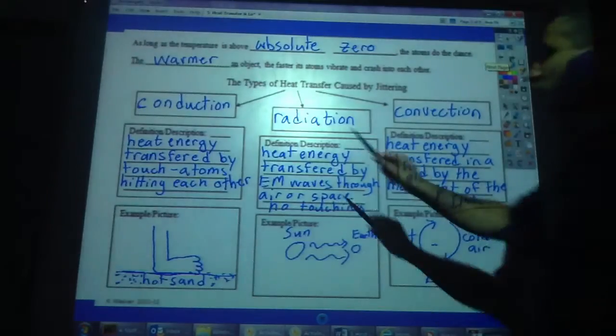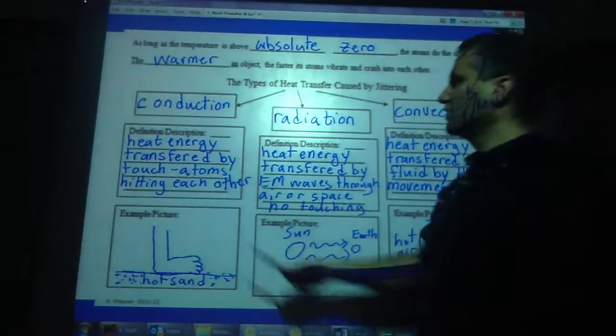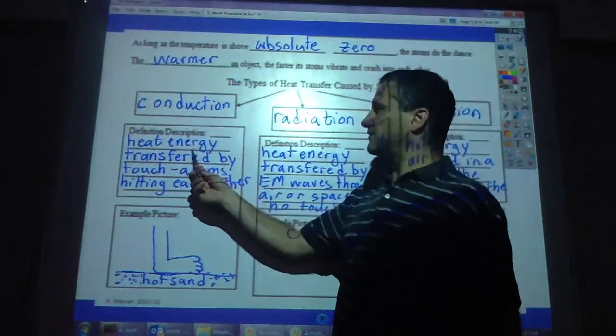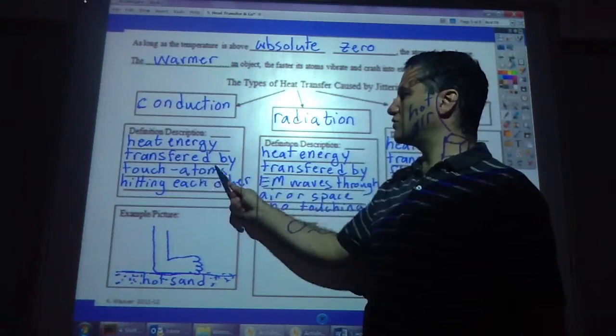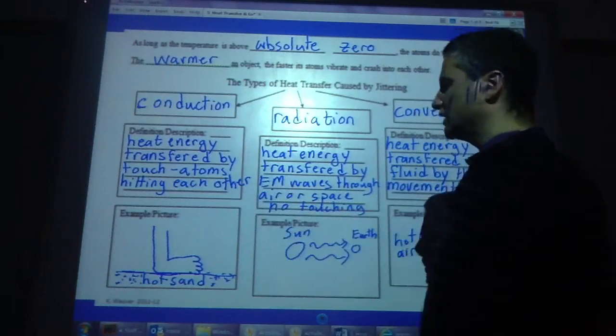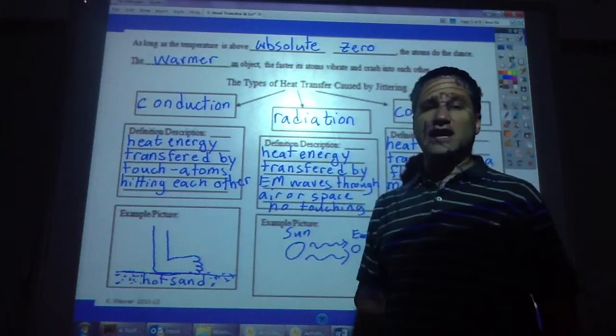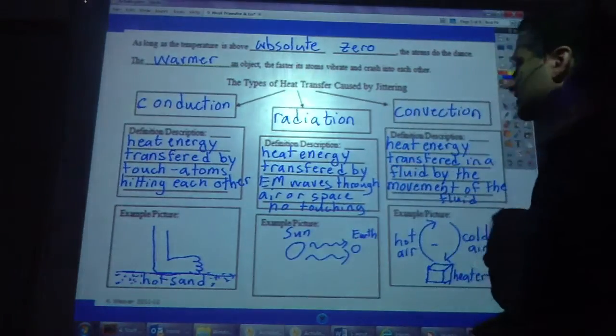And then we have the words conduction, radiation, convection. A nice definition for conduction is heat energy transferred by touch. Remember I mentioned touch earlier, when atoms are actually hitting each other. A foot standing on the hot sand is a nice example of that.